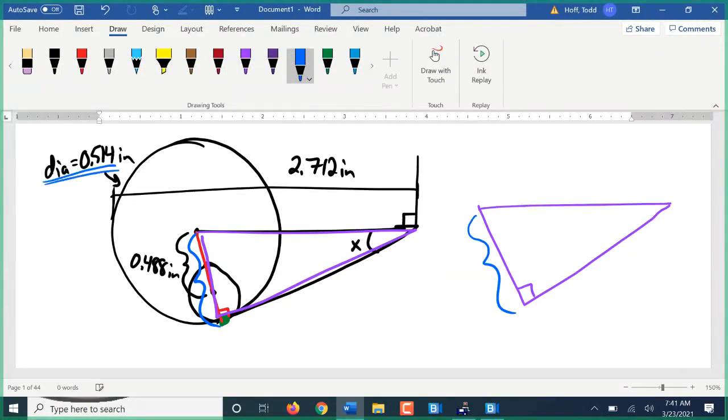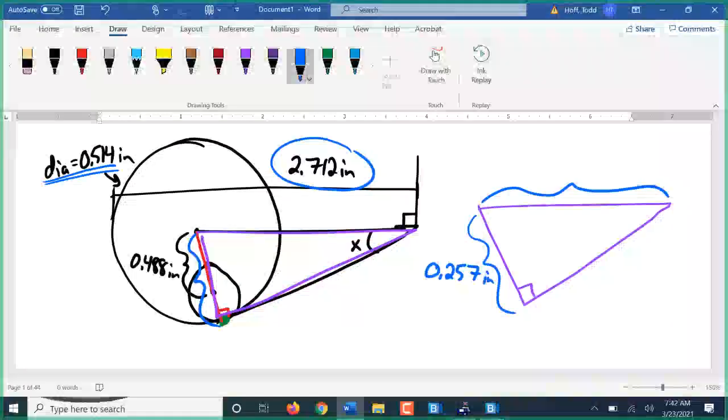That big circle has a diameter of 0.514. This is 0.257 inches, half of that diameter. This side up here is simply 2.712 minus this radius here. This is 0.257.